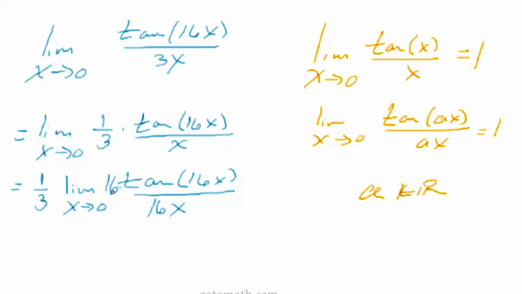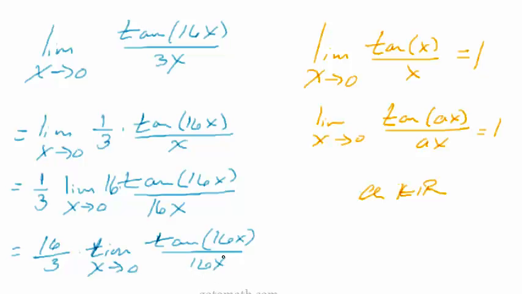Now what we can do is take this 16 and bring it out front, and so we end up with 16 over 3 times the limit as x approaches 0 of tan 16x over 16x. Okay, follow me? I hope so.